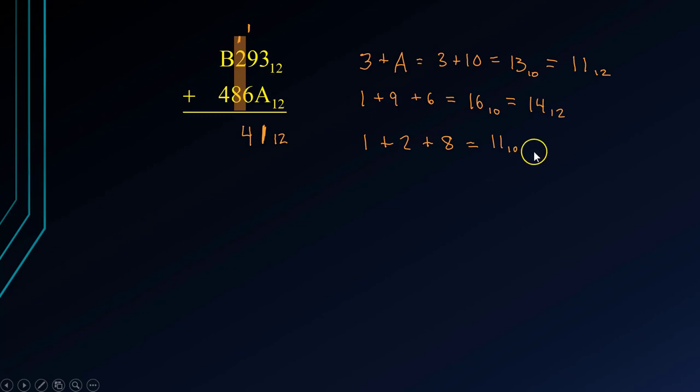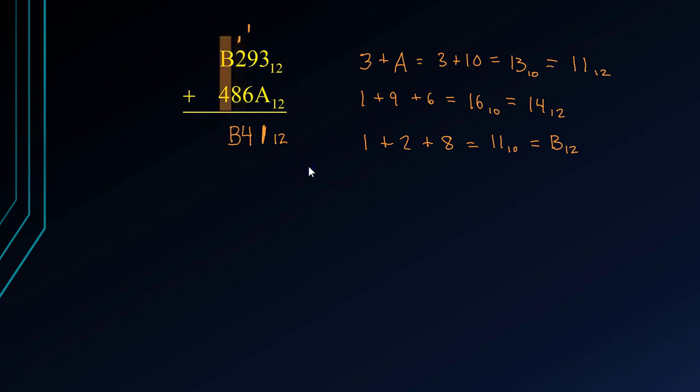But in base 12, it's going to be B. Now 11 is a number that would be represented in base 12, but it's represented as a digit, and it corresponds to the letter B. So I would put a B here. No need to carry a 1.